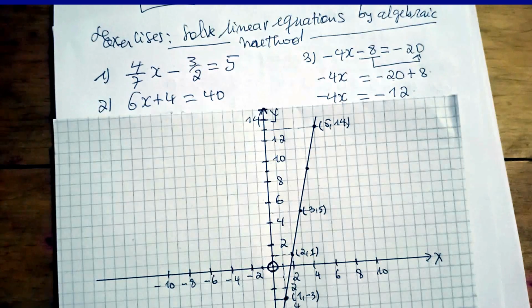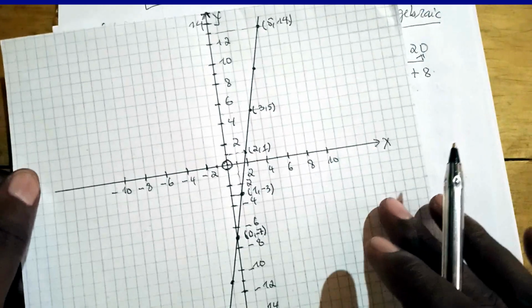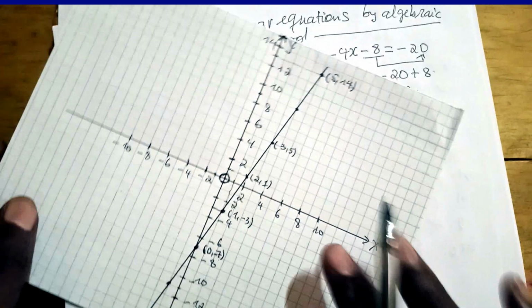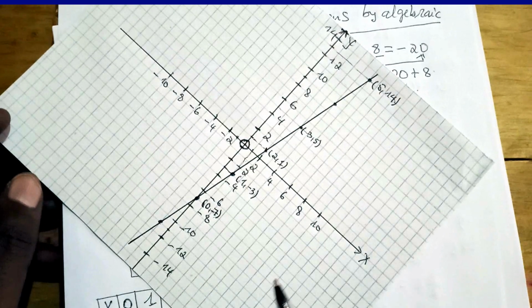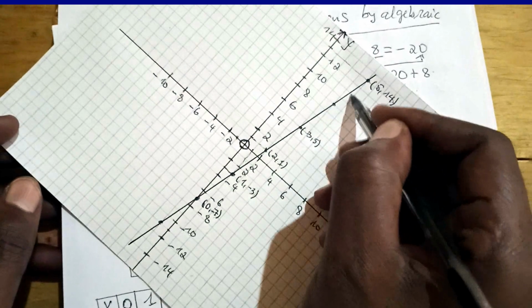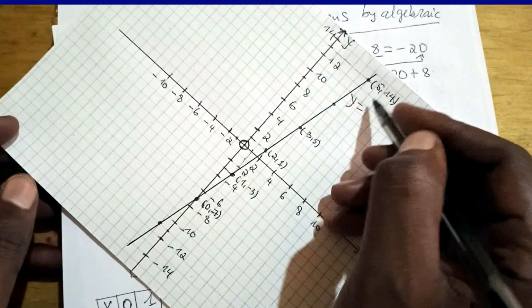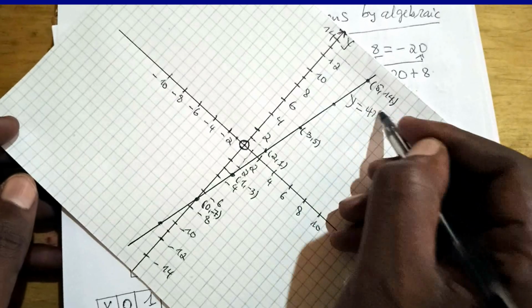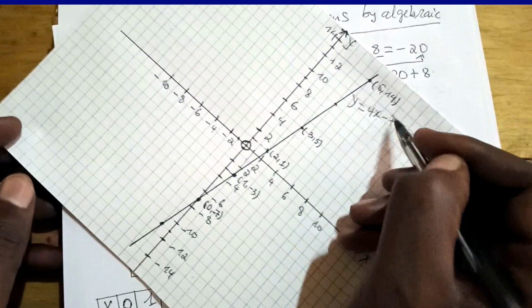Wow, you have seen that our graph gives a straight line. You have seen this line. This is a line of y equal to 4x minus 7.